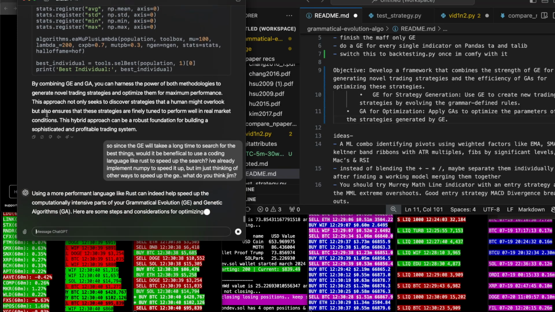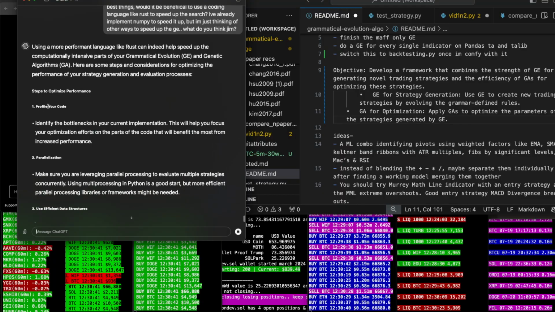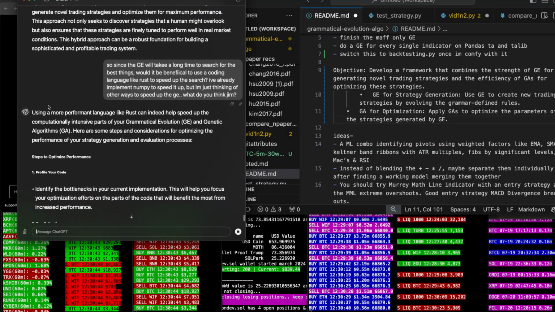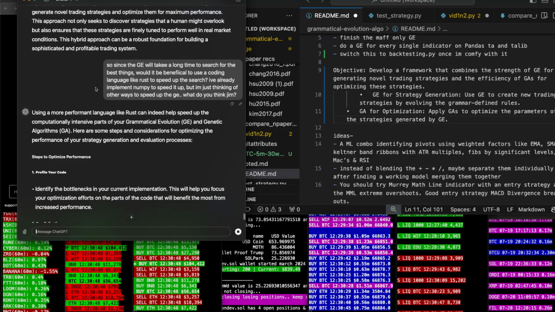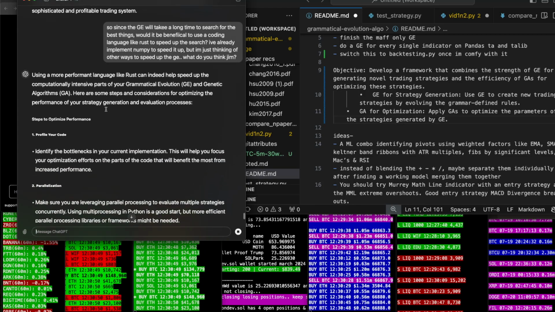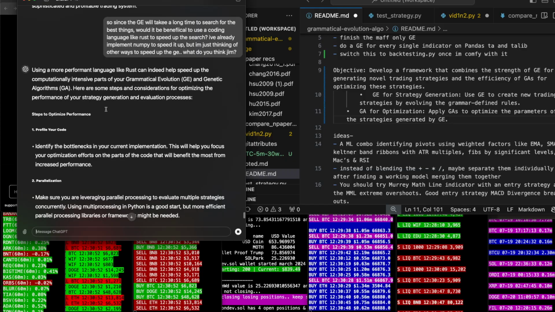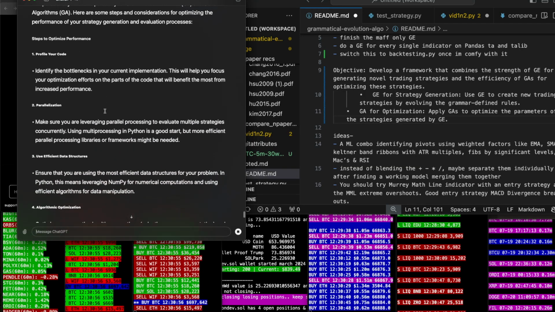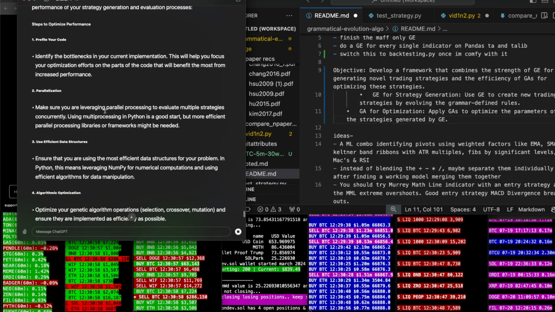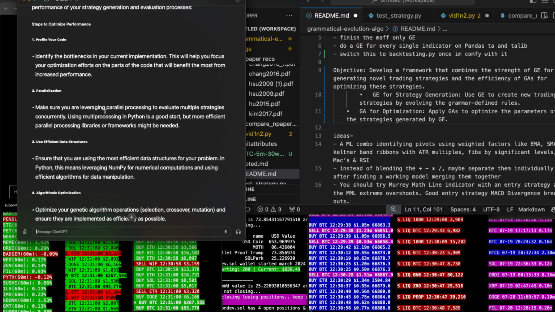Using a more performant language like Rust indeed helps speed up the computation intensive parts of the grammatical evolution and genetic algorithms. Here are the steps and considerations for optimizing performance of your strategy generation and evaluation processes. So profile your code. Identify the bottlenecks in your current implementation.